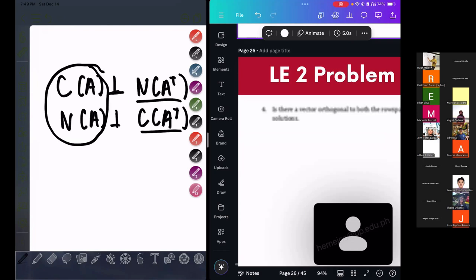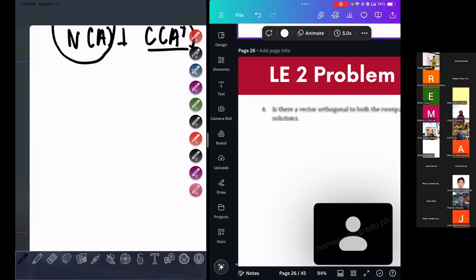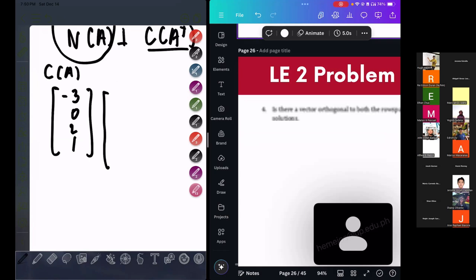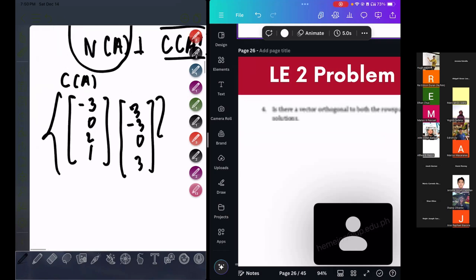So I'll just rewrite the column space for everyone's convenience since nawalan tayo ng copy of it. So this is the column space. So this is a basis.